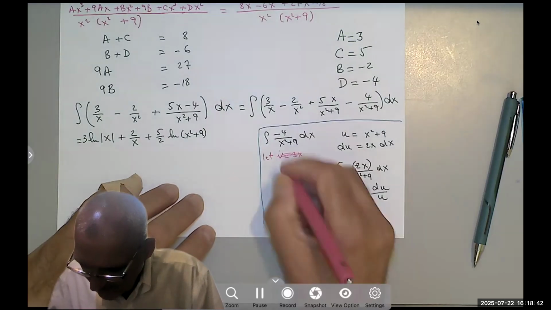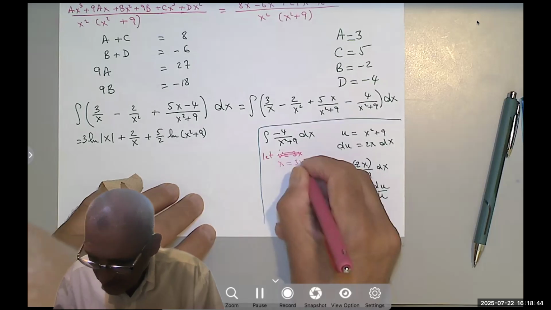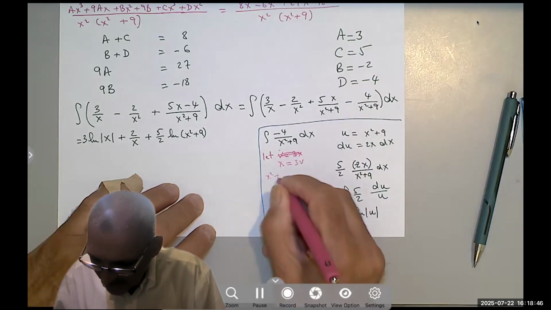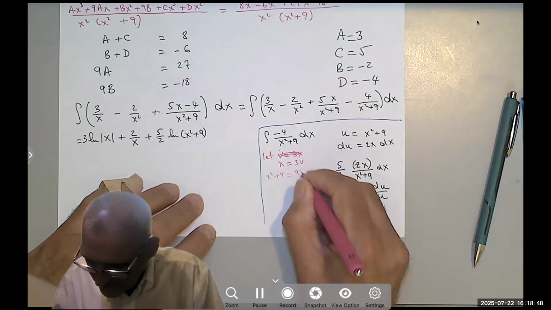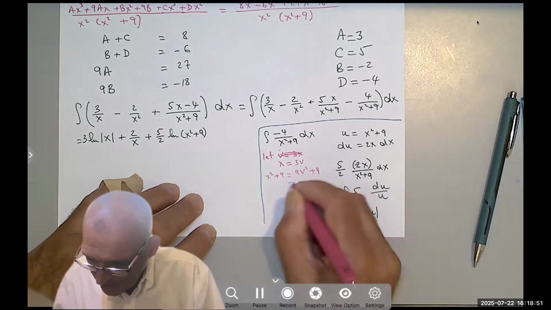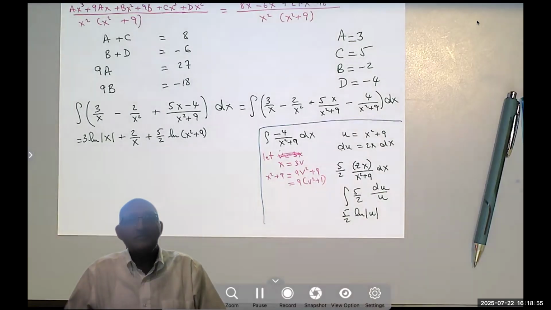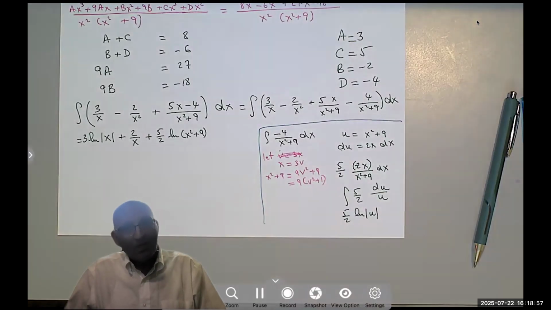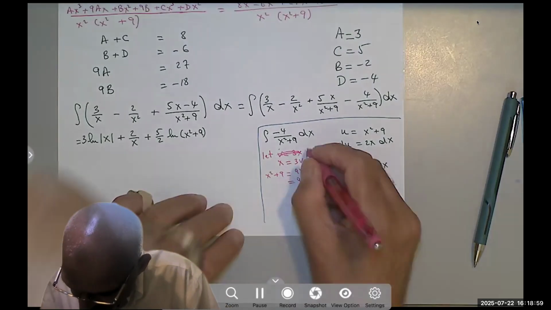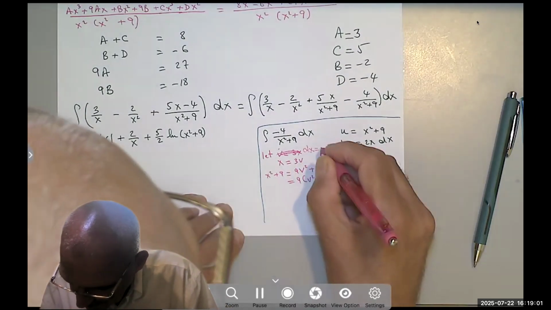The other way around. Let x equal 3v. So x squared plus 9 would be 9v squared plus 9, or 9 times v squared plus 1. And dx equals 3 dv.